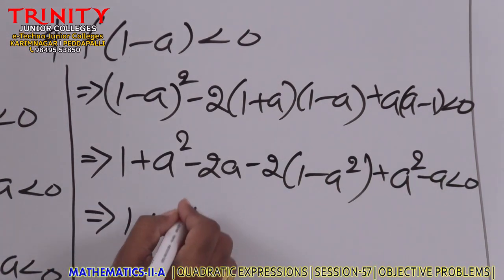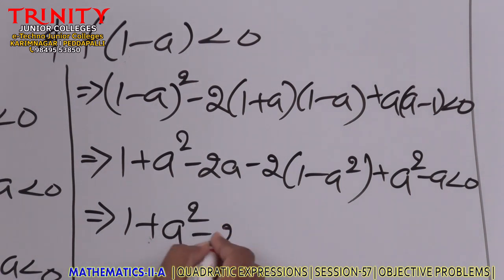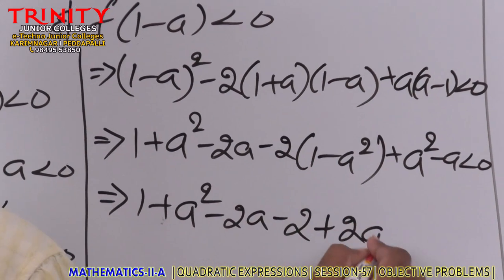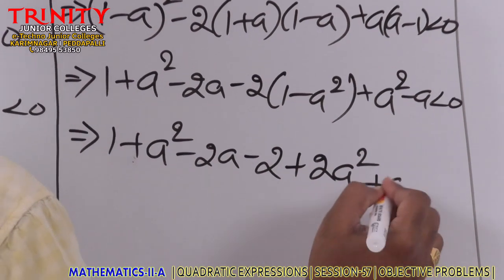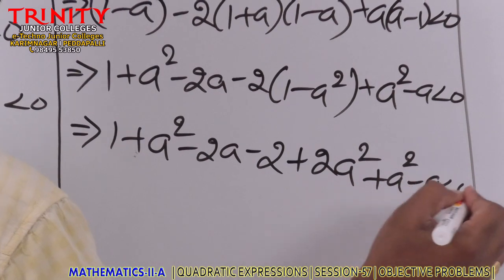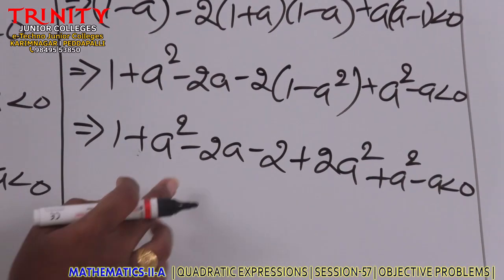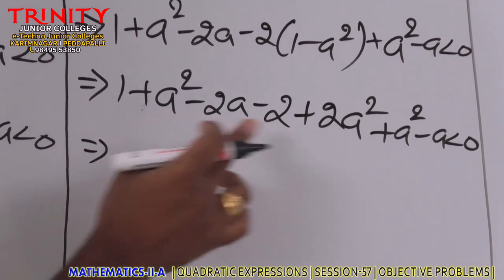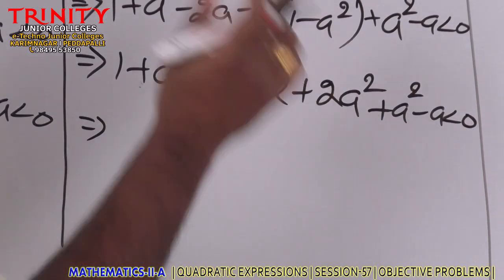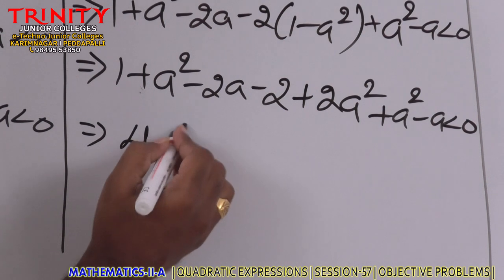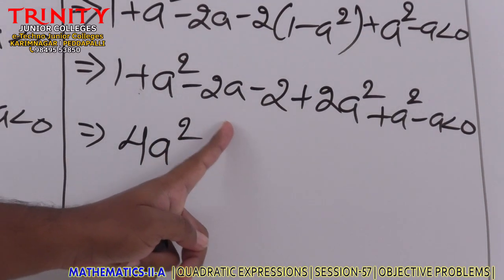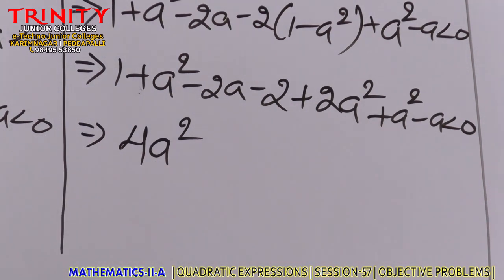1 plus a square minus 2a minus 2 plus 2a square plus a square minus a less than 0. See here what we will get? a square plus 2a square, 3a square plus a square, 4a square minus 2a minus a, minus 3a.